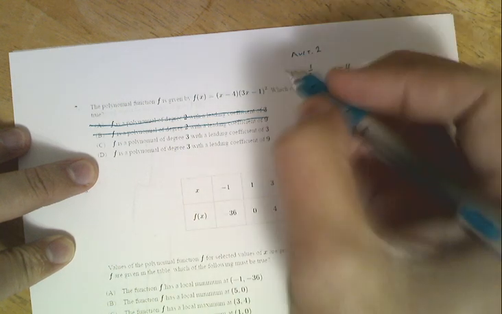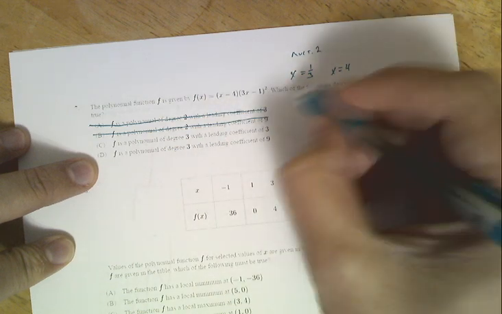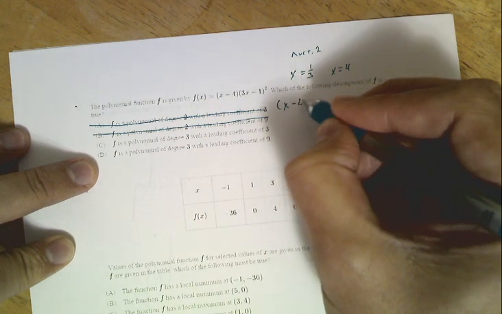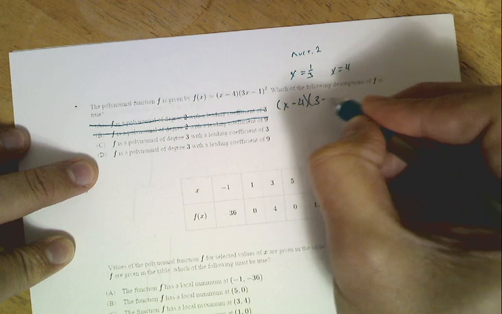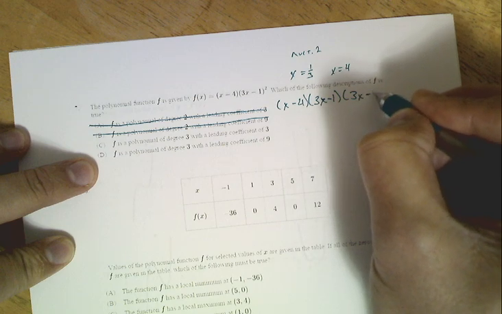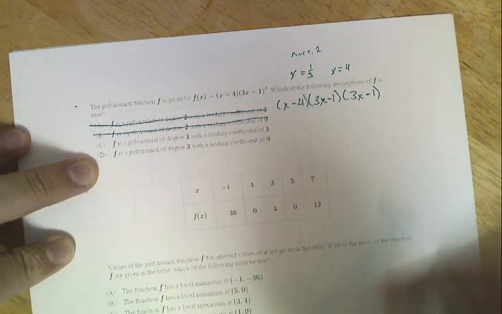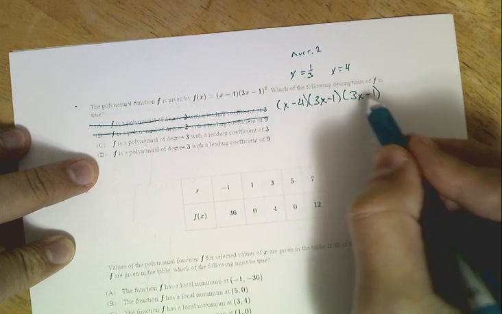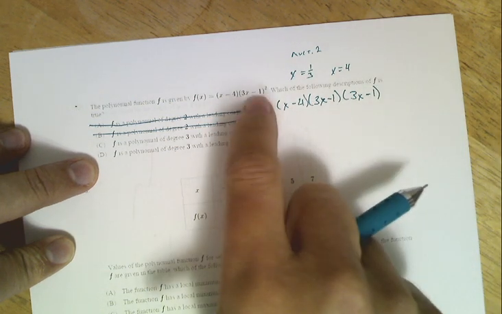To find the leading coefficient, normally we would have to FOIL this out. I'm going to write this twice just to show you what's going on here. So this is x minus 4 times 3x minus 1 times 3x minus 1, or 3x minus 1 squared.